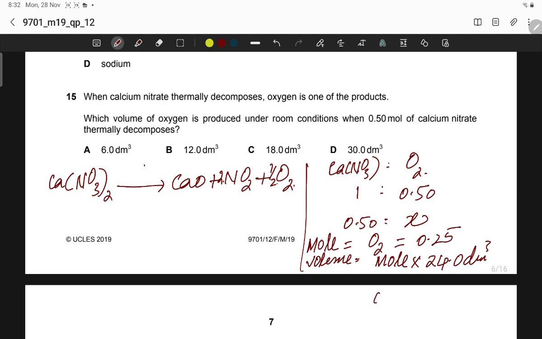So 0.25 mole multiplied by 24 is equal to 6 dm cube. So A is the answer.